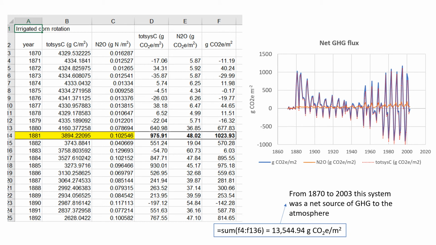And so that means that since that's a positive number, this particular field that we're simulating was a net source of greenhouse gases from 1870 to 2003. And that the controlling force here, if you want to call it that, what's dominating the greenhouse gas signal is the change in soil carbon. The N2O emissions are relatively minor compared to the changes in soil carbon, or system carbon each year.